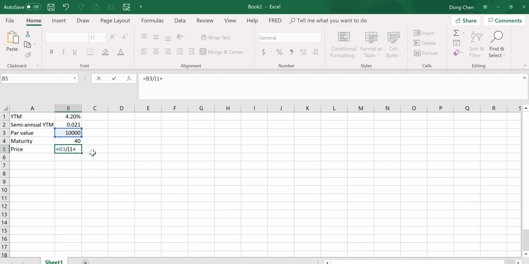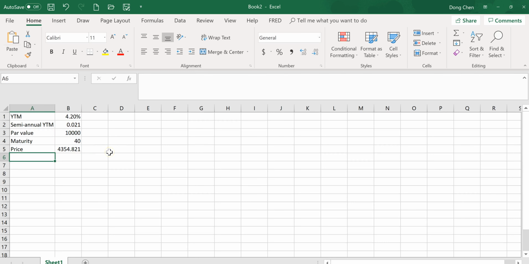So I can just input it like this: par value divided by 1 plus the discount rate, the semi-annual YTM, raised to the power of the number of semi-annual periods. So that's one way we can calculate this price.